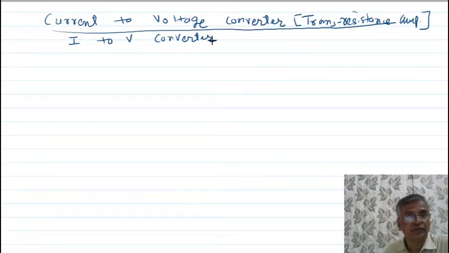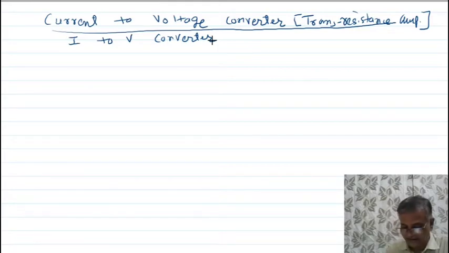With the help of the photocell, you can convert incident light intensity into an electrical signal, and this current can be converted into voltage. From the output voltage you can measure the current, and from the current you can measure the intensity of the incident light.